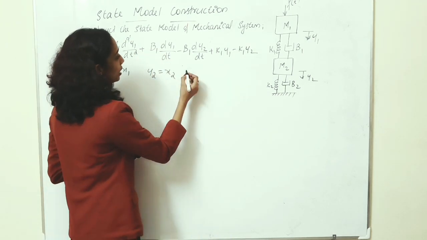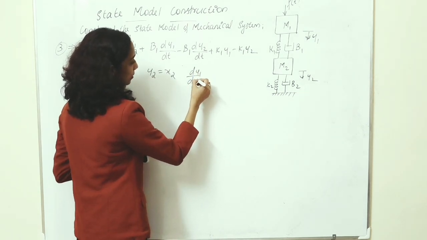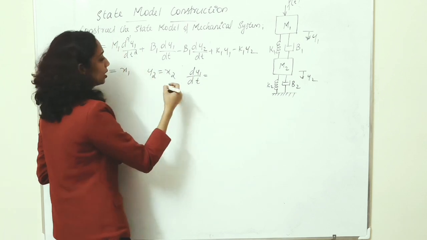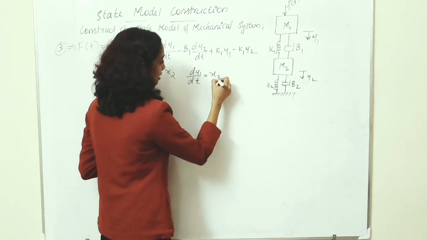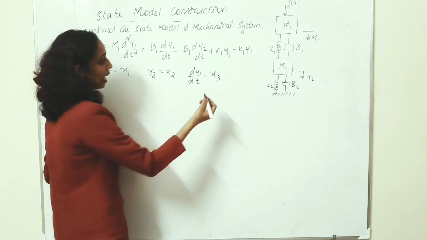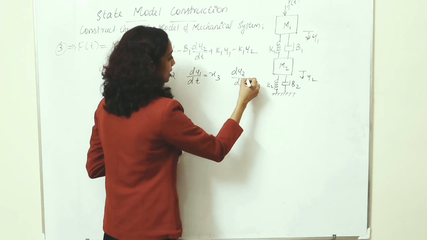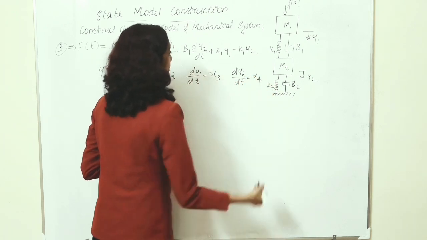For dy1 by dt, I take the state variable as x3, and for dy2 by dt, I take it as x4.